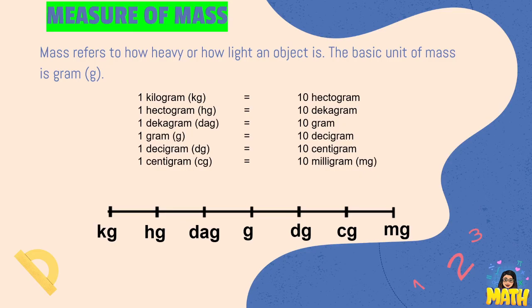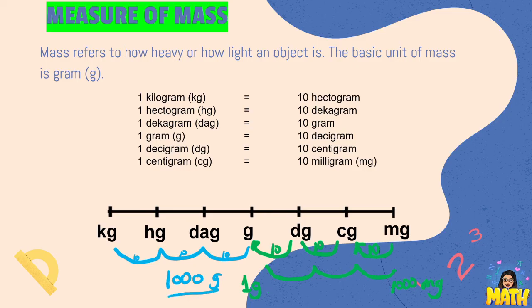So we can say that there are 10 milligrams in 1 centigram, 10 centigrams in 1 decigram, 10 decigrams to 1 gram, or another way, 10 times 10 times 10, that's 1000 milligrams in 1 gram. Or another one, 10 times 10 times 10, that's 1000 grams is equal to 1 kilogram.